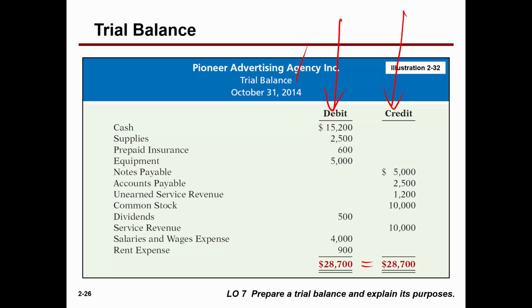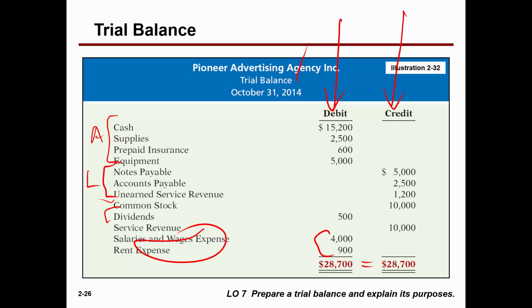Now, what types of accounts, remember there are only 5 types, are in this debit column? Well, here are assets. Here is dividend. And here are expenses, yeah? All increase with debits, so they have leftover debit balances. These are liabilities.